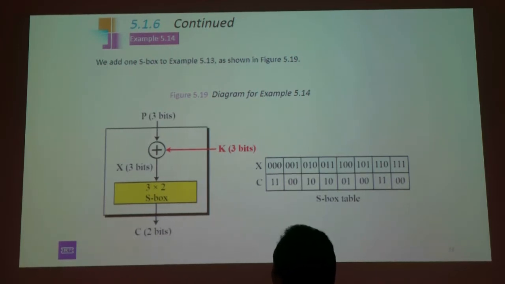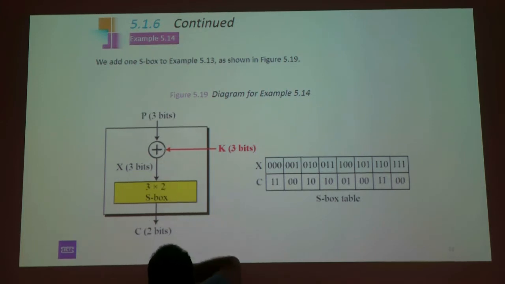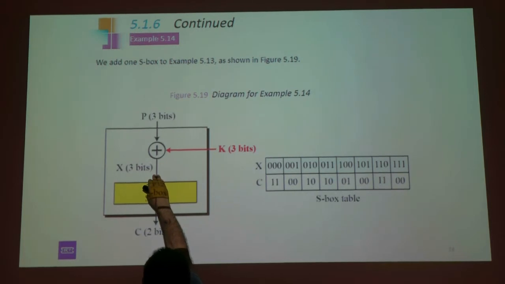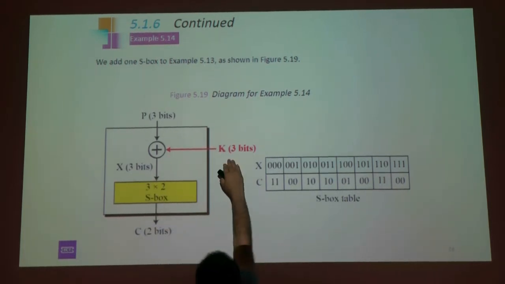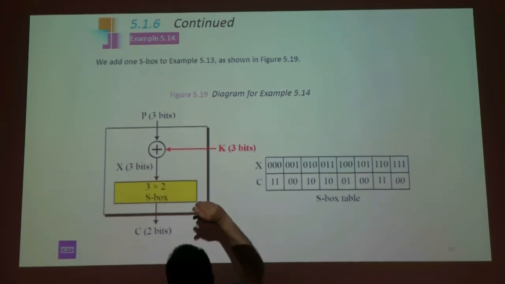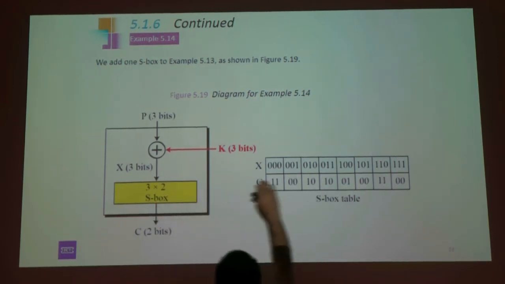So we add one S-box to the previous example. Let's say you have 3-bit inputs and 3 outputs, and the key is 3 bits. The output will go to a substitution box.